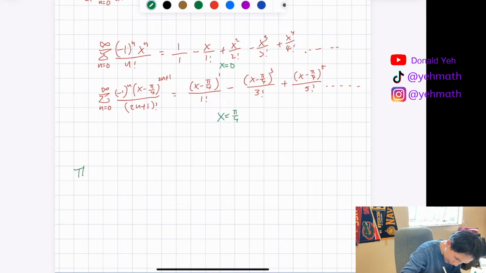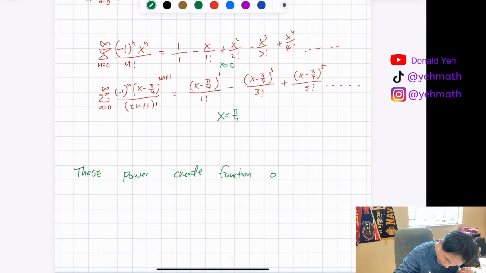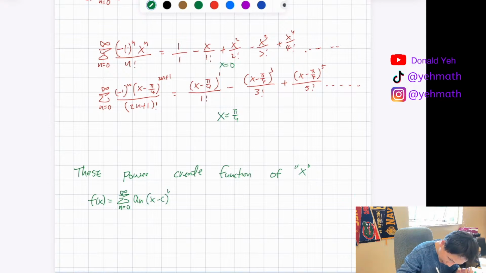And this power series, now this is the main interesting part of this, creates functions of x. f of x is equal to the summation of n equal to 0 to infinity of a to the n, x minus c to the n.